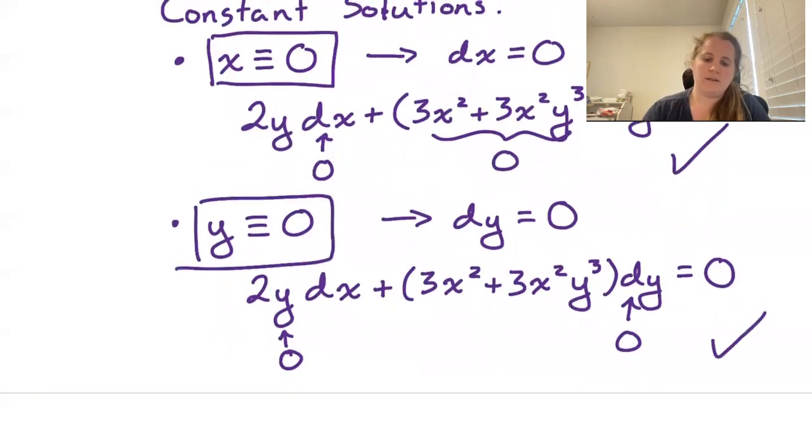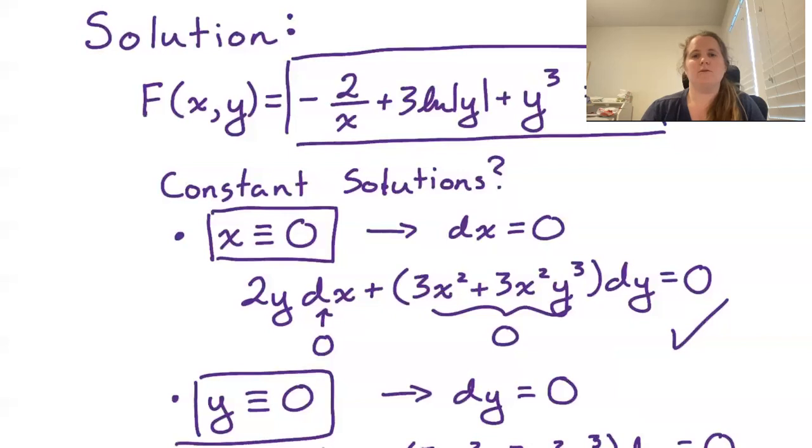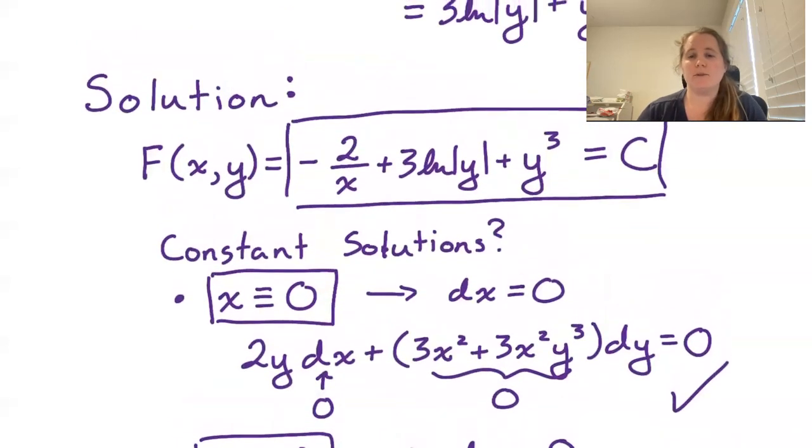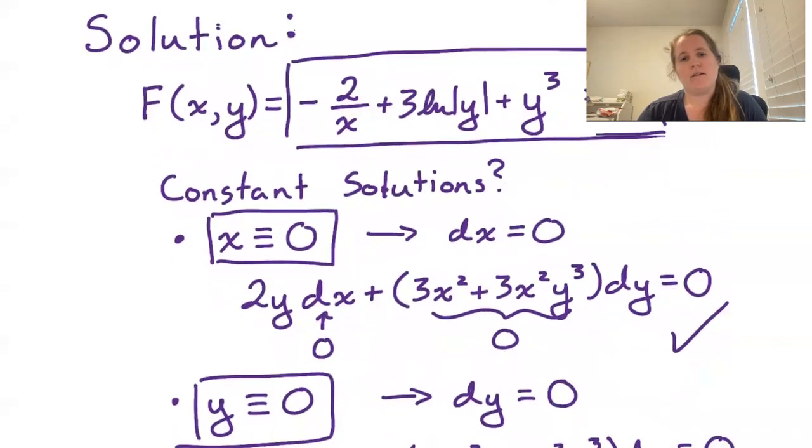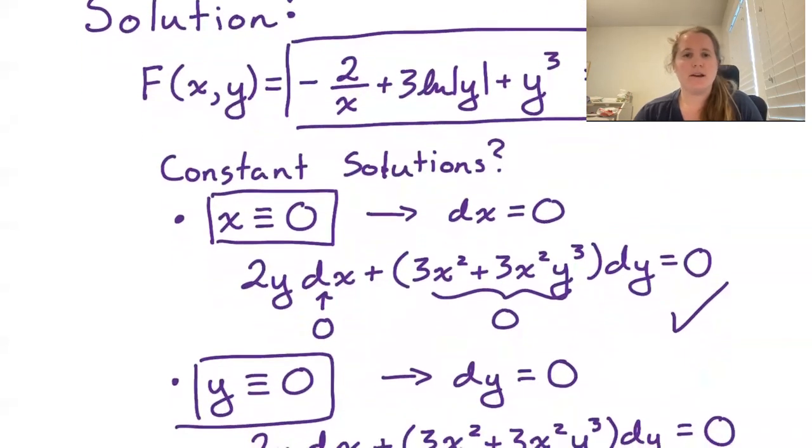So in this case, we have our general solution of negative 2 over x plus 3 natural log absolute value of y plus y cubed equals c. And then we have the constant solutions on top of that, x identically equal to 0 and y identically equal to 0. Again, note in this case, we're viewing solutions either as the form y of x equals or x of y equals. Both are acceptable forms of solutions from the exact equation format.